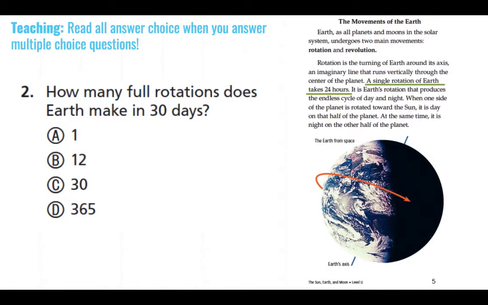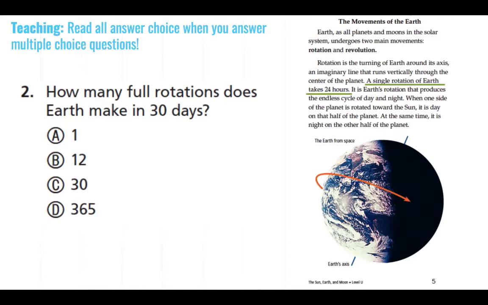Our second question here is, how many full rotations does Earth make in 30 days? Again, I went back into my text, I skimmed, I looked at the table of contents, I read the headers, and I found that on page 5, the author wrote this sentence: a single rotation of Earth takes 24 hours. Oh, and I know by activating my background knowledge that 24 hours is one day.